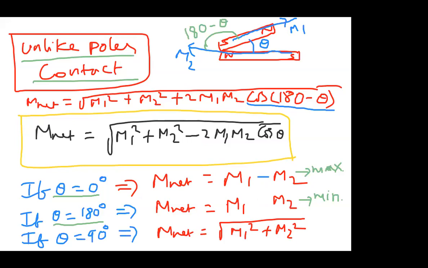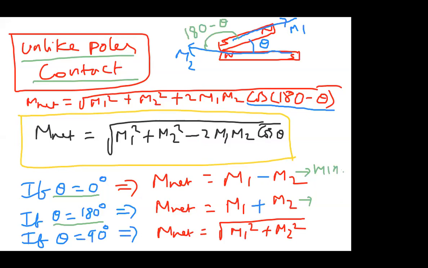When theta is 180, what will happen? You will get a positive sign, because cos 180 is minus 1, minus of minus is plus. So now it is reversed. When theta is equal to 0, we are getting the minimum value.